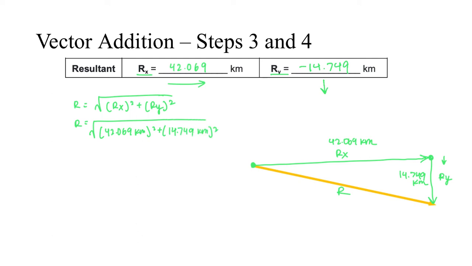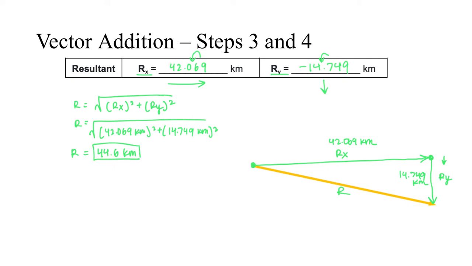If you know how to store variables in your calculator, if you don't, please talk to me. I'd be happy to help you with that. But you can also store these in your calculator to make this a lot simpler. So if I plug these in for my resultant vector, I will get a magnitude of 44.6 kilometers. And I'm okay to round here because I'm not going to use this for any more calculation.